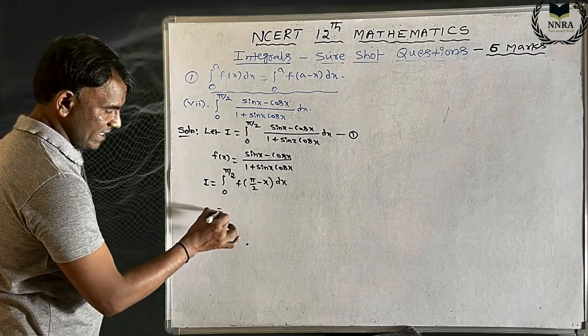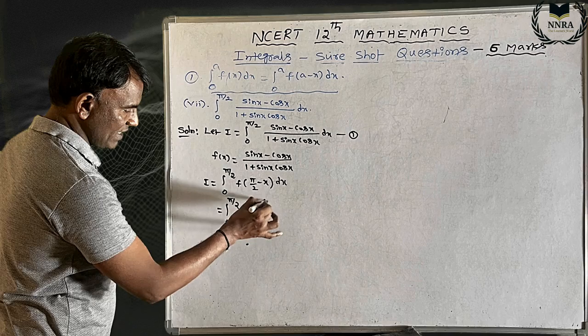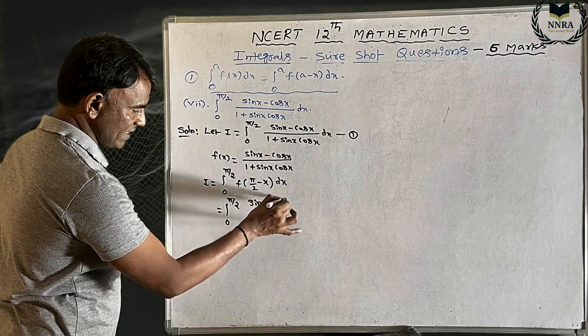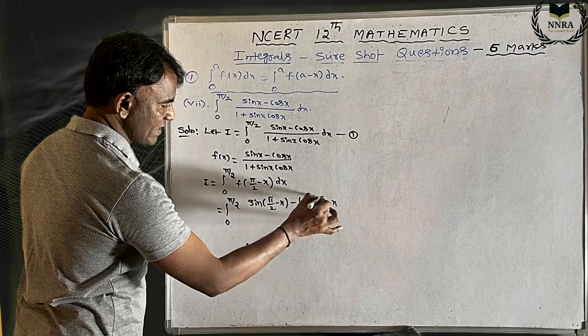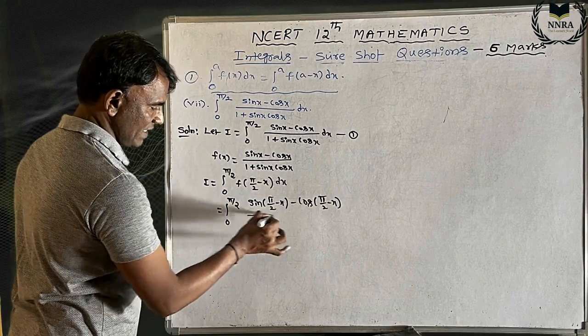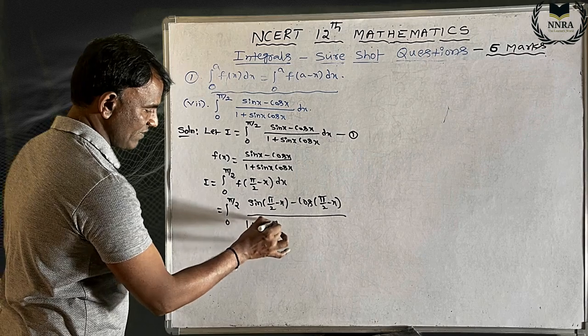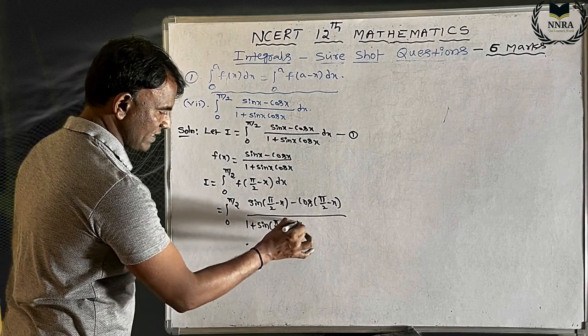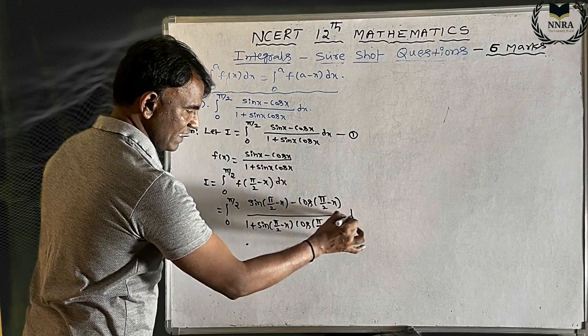So how to write it? Integral 0 to pi by 2. First term is sin of pi by 2 minus x minus cos of pi by 2 minus x, right? And denominator 1 plus sin of pi by 2 minus x into cos of pi by 2 minus x, then dx.